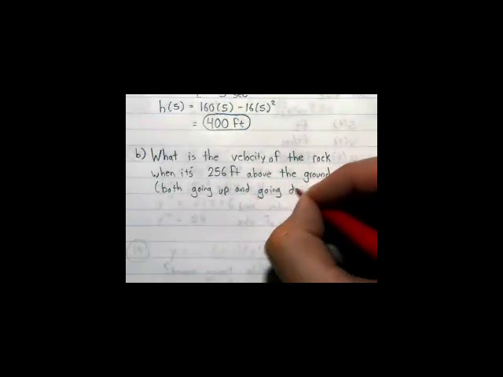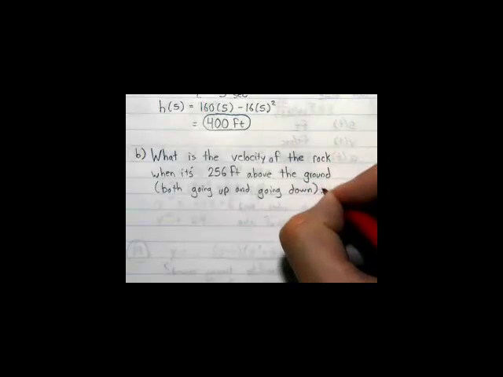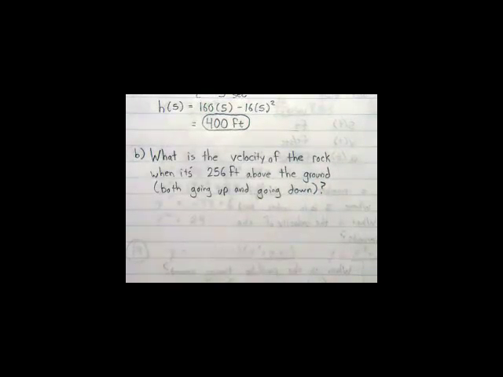And because it's actually going to hit that mark twice, let's answer it for both. So what is the velocity of the rock when it's 256 feet above the ground, both going up and going down?